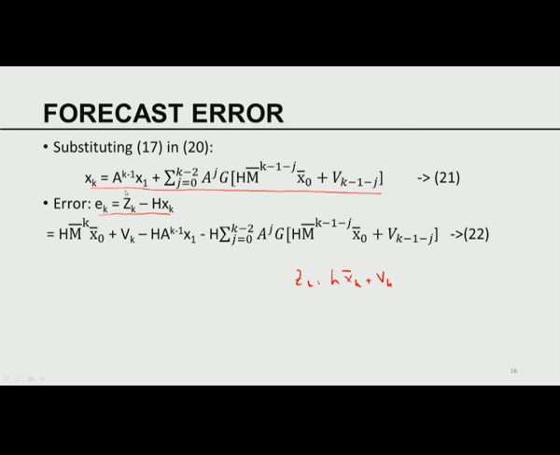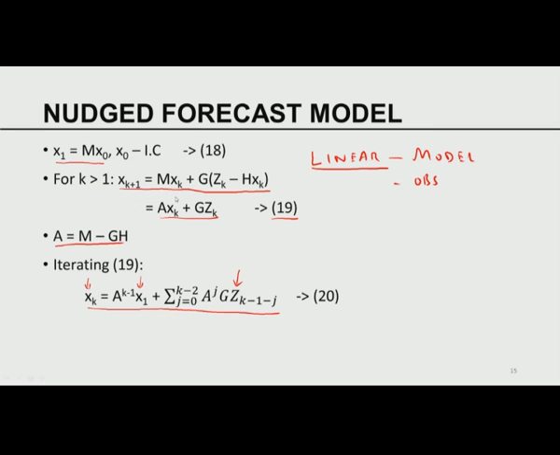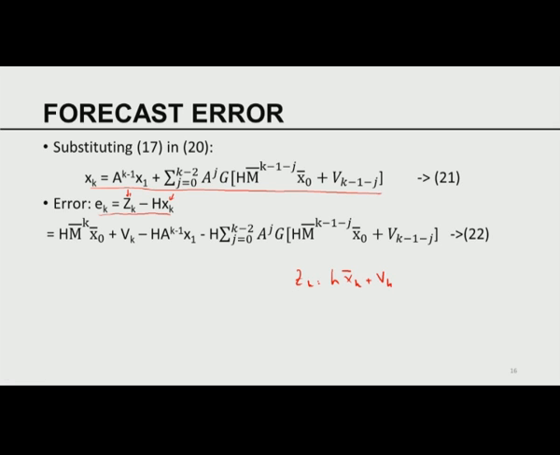So I can substitute for zk from those equations in here. I have already computed xk in the previous slide. Let us look at it once more. That is equation 20. So substituting all these things, what do I get? I get an explicit expression for the forecast error in the nudged model.